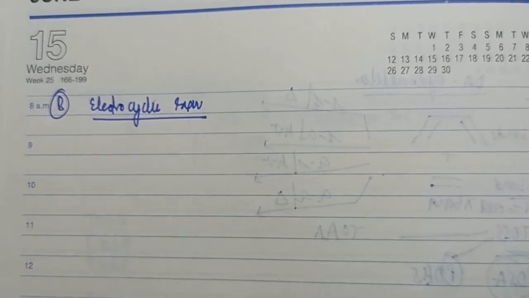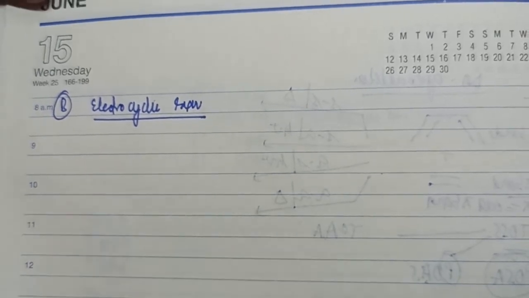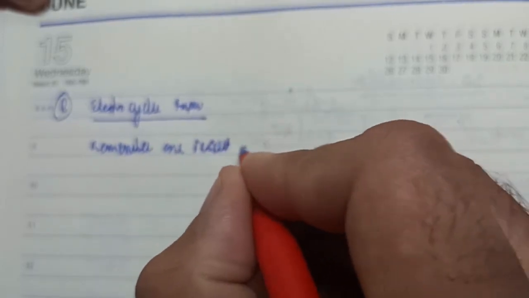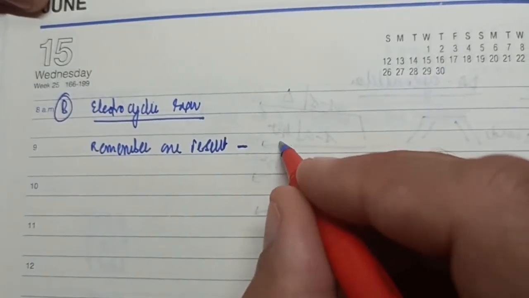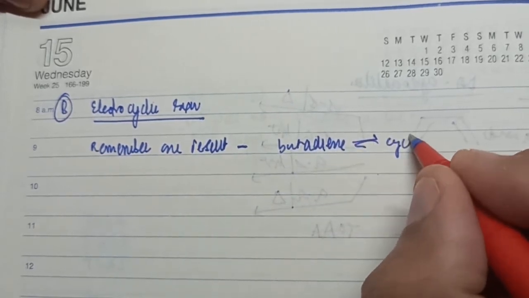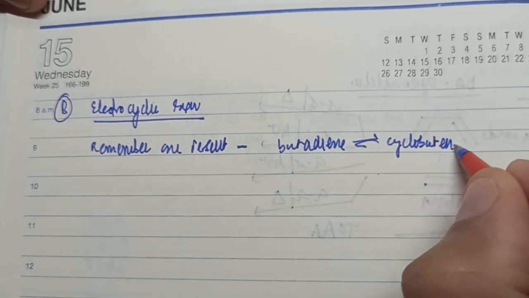This we already know. As far as the results are concerned, we need to remember just one result, and we can create the selection table. Remember the result for the butadiene cyclobutene interconversion.